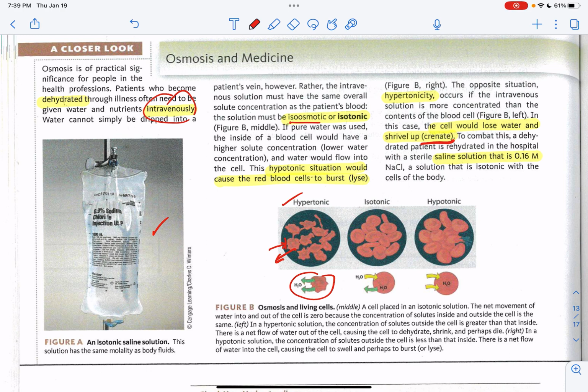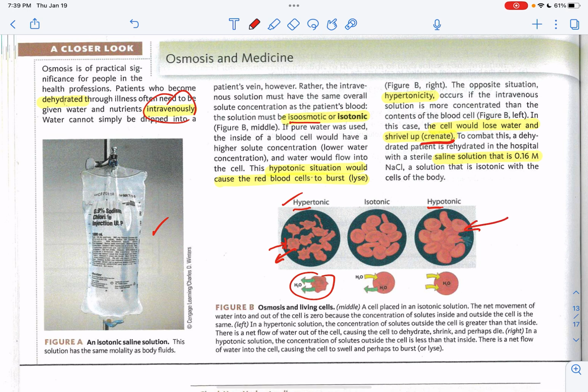Now, the opposite of that is if you have a hypotonic solution. Hypo means not enough. The opposite of hyper, which is too much. Hypotonic would be a very, very dilute solution. So whatever the particles are dissolved in the water outside the cell, that concentration is smaller than all the stuff that's dissolved inside the cell or the red blood cell.